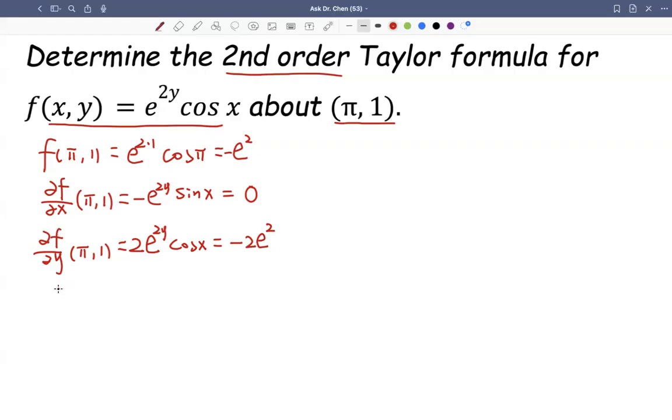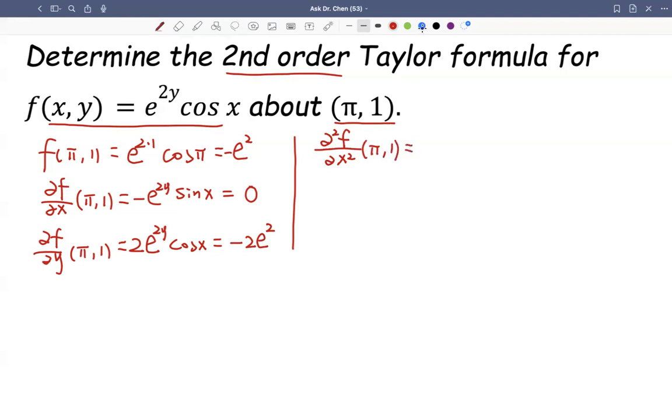So then we need to find the second derivative. I'm going to find it. So take the derivative of this one in the x direction again, to get the second order partial derivative. Then we want to evaluate at (pi, 1).